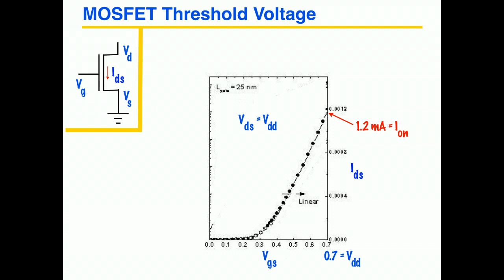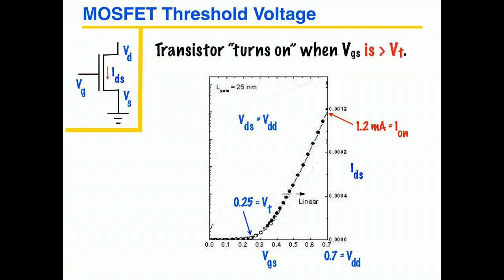The interesting thing to note here is this inflection point where it goes from not conducting much at all to conducting a lot, and that's the threshold voltage. As I said, for these transistors measured here, it's about 1/4 of a volt. And so the transistor, we say, turns on when VG is greater than VT.